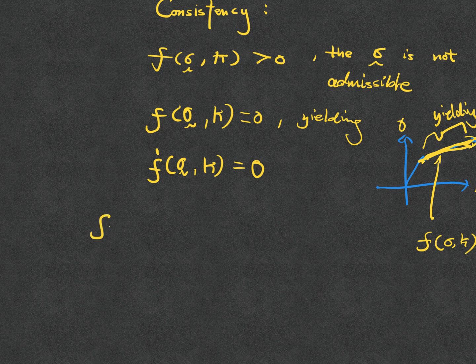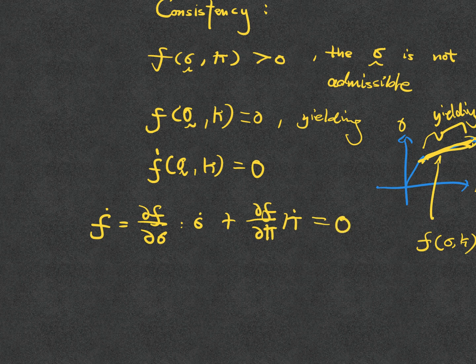So if I write it out in detail, what we will have is the derivative of the yield function with respect to stress times the stress change rate, plus the partial derivative of F with respect to kappa, this is the yield function change, times kappa dot, which is equal to 0. Okay, does that make sense? It's just a chain rule. Okay, can you see that?